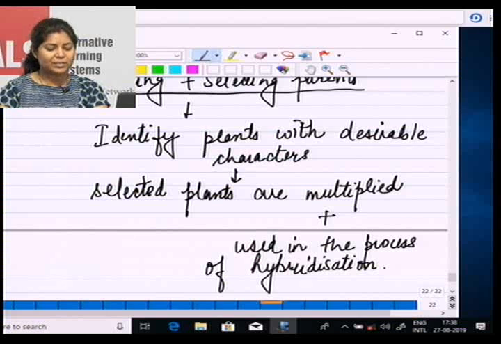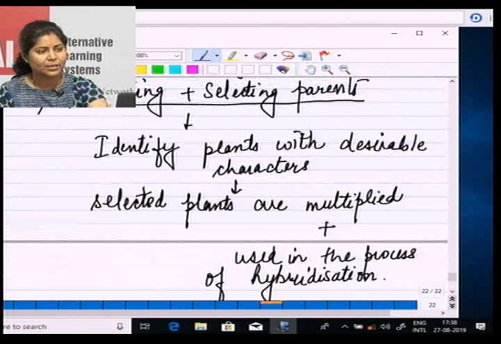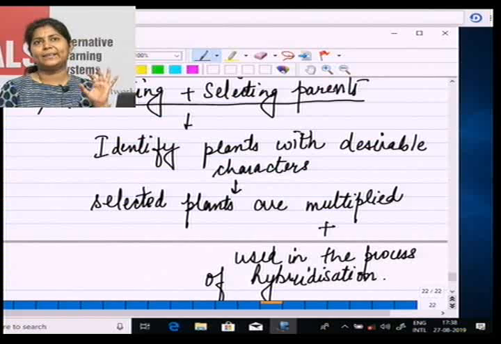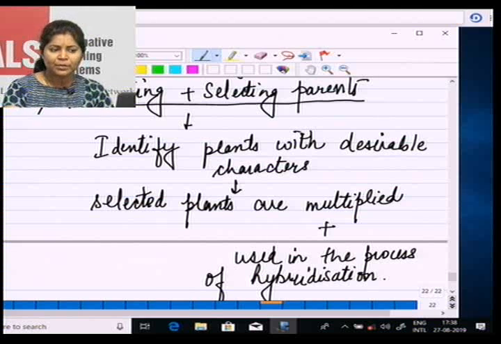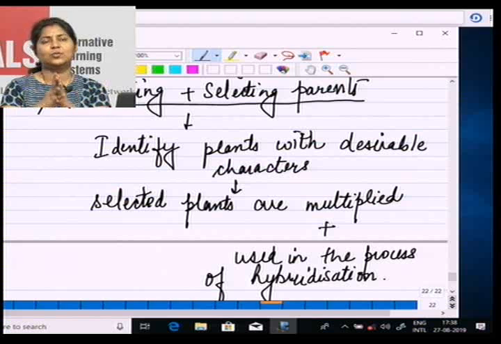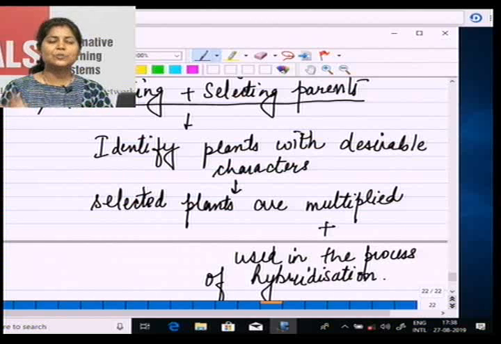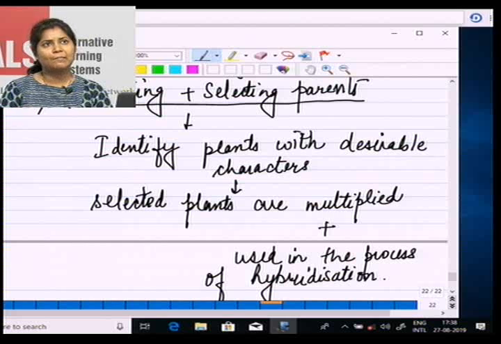This is what is called evaluating and selecting. So you need to select a plant, and after selecting the parent plant, you need to multiply them. Once you multiply them, you will be using them in hybridizing. I gave you an example: you have to hybridize the qualities of UP and Maharashtra sugarcane into one sugarcane that will be suitable to grow in UP. Okay?